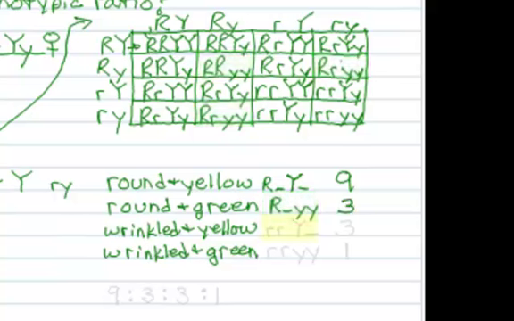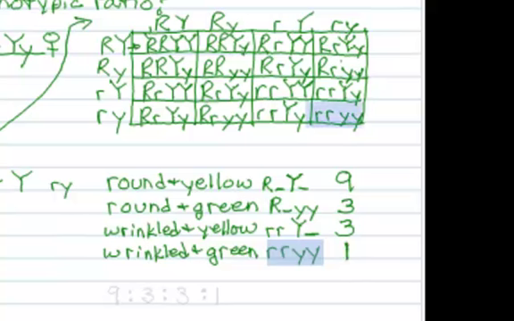Wrinkled and yellow, well, wrinkled is recessive, so that's going to be little r, and then yellow is going to be big Y and anything. And for that you have 1, 2, 3. And then wrinkled and green, there's only one way because they're both recessive. It has to be little r, little r, little y, little y, and there's only one of those.